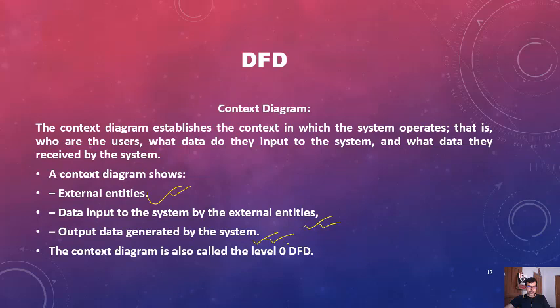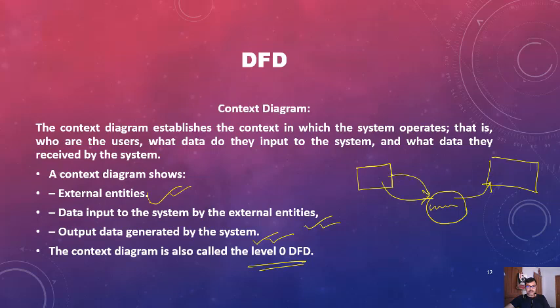So in a context diagram, there should be only one bubble. That is the whole process as a system. And some external entities or users who directly interact with this process or system by giving some data input or by taking some data.